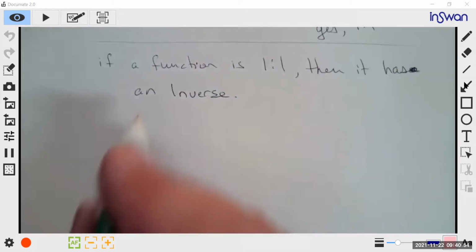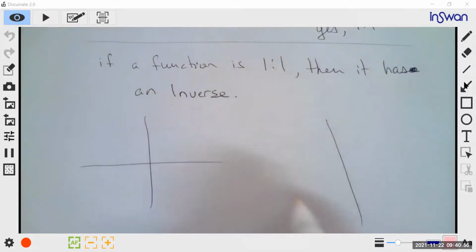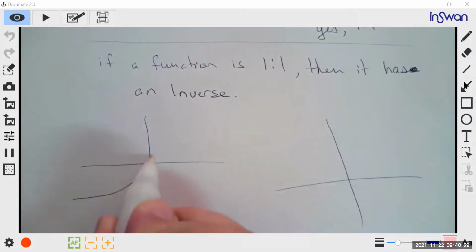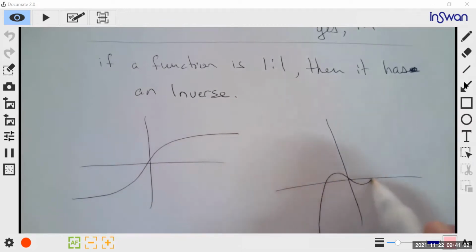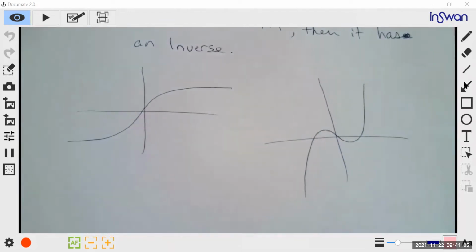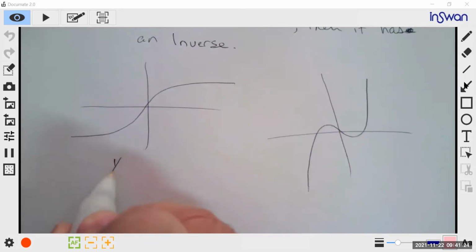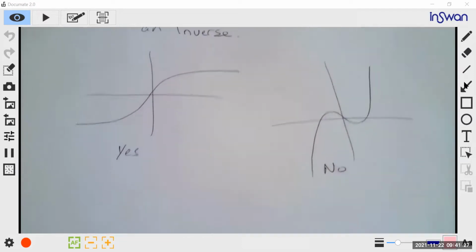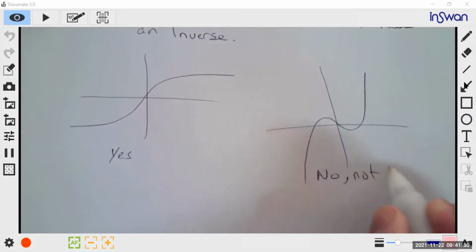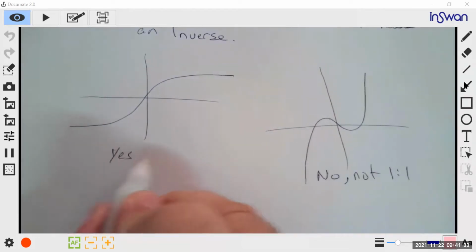Graphically, what does that mean? Let's look at the cubic function. Does this one have an inverse? Is it one-to-one? How can you tell? Yes, we're looking at it. How about this one? Yes on this one, no on this one. Not one-to-one. Yes, it is one-to-one.